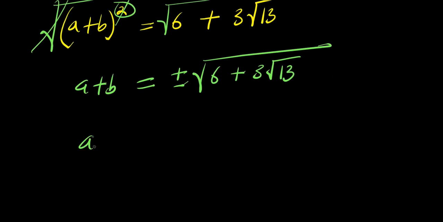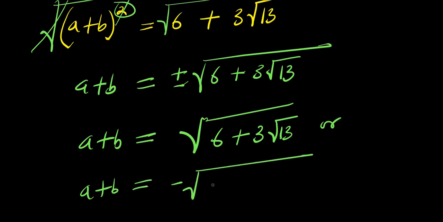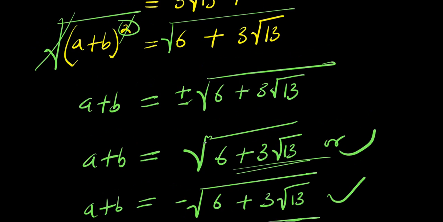So our a plus b equals positive square root of 6 plus 3 times root 13, or we have a plus b equals negative square root of 6 plus 3 root 13. So these are the two values for a plus b.